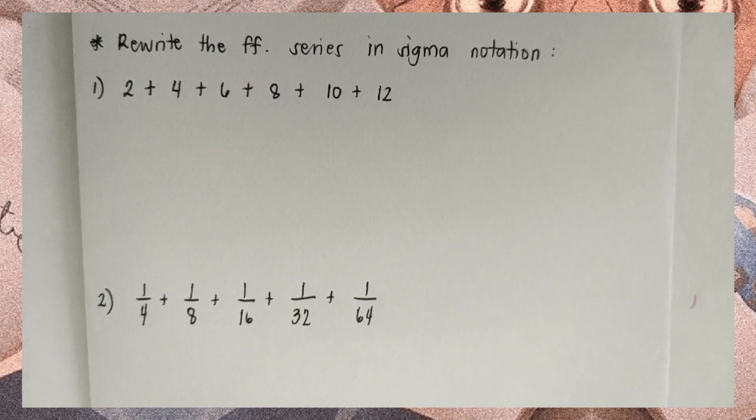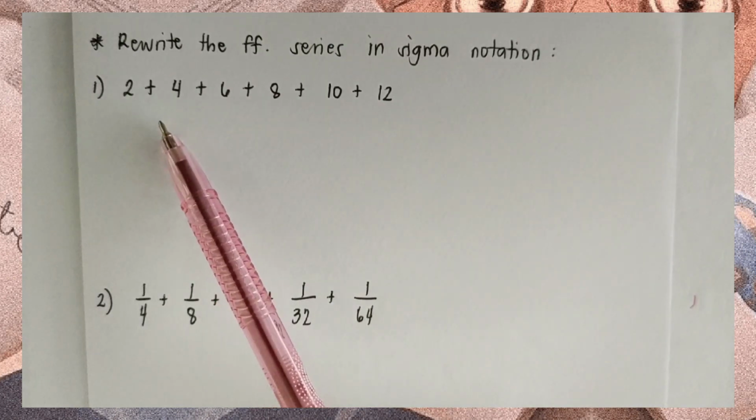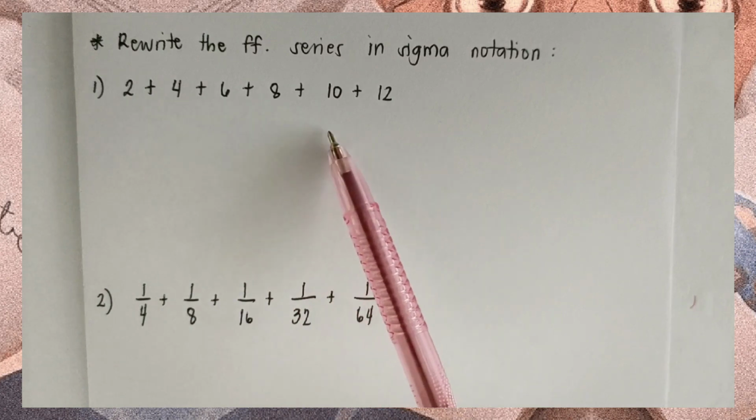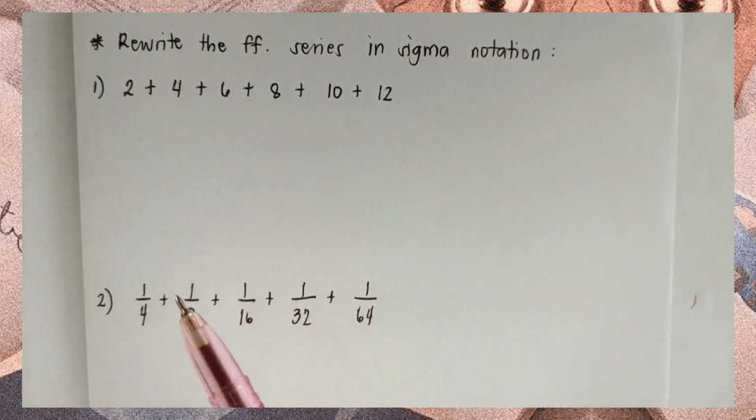Let us proceed with the following examples. Rewrite the following series in sigma notation. For number 1, remember, class, that you need to know if it takes the form of an arithmetic or geometric. Let's try. 2, 4, 6, 8, 10, and 12. Is it arithmetic or geometric?